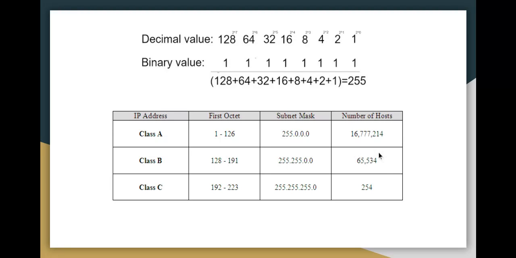If you add all those up together, you will get a maximum of 65,534 hosts available. At home, the maximum number of people who can join your network will be 254. It's not 255 because the router takes 1.